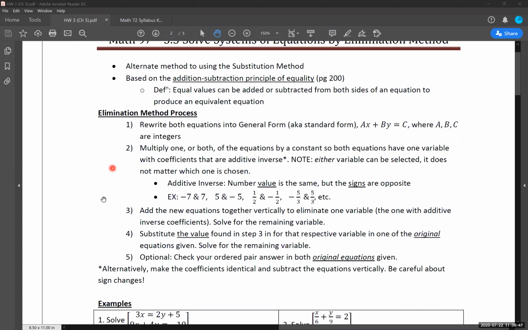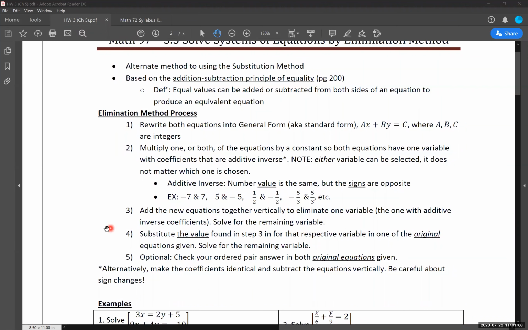Once we've done that, we're going to add the new equations together vertically to eliminate one of the variables. And this is where we're going to use the additive inverse coefficients to cancel those things out. One of the variables will cancel. We'll get the other one that we solve for, y equals something, x equals something, whichever one we didn't eliminate.